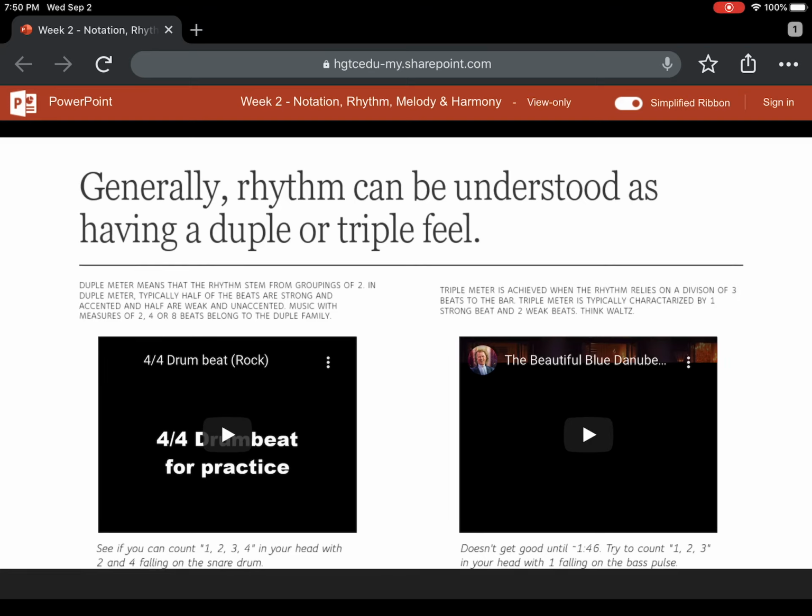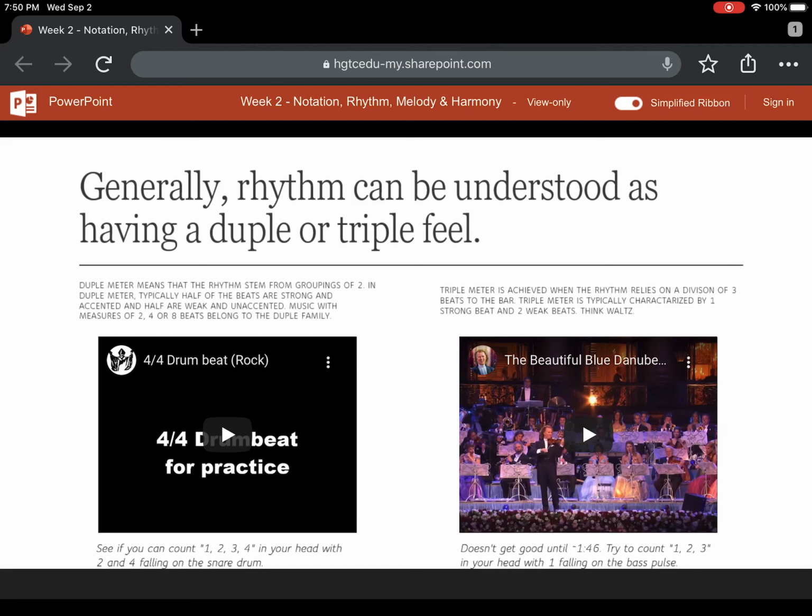So as I mentioned, duple meter, and I've added some videos here that you can watch. But rhythm is typically divided into rhythms that can be felt as being divided into either groups of 2, 4, or 8, which we call duple meter, so groupings of 2, or into triple meter, which is groupings of 3.